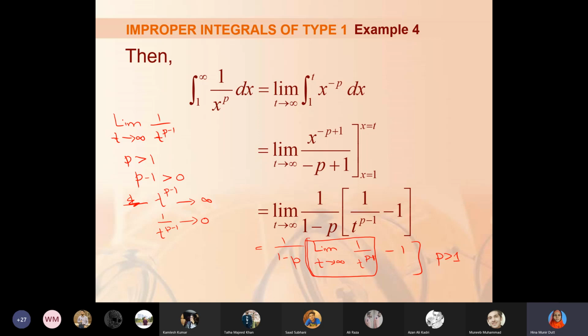ओके और अगर p लेस देन 1 हो, p लेस देन 1 के लिए भी कर, ये केस समझ आ गया। मैं इसको रेज कर दूं फिर। p ग्रेटर देन 1 के लिए इंटीग्रल लिमिट आपके पास 0 आ रही है इसकी, ये ध्यान में रखना। और इसके बाद if p is less than 1, it means p minus 1 is less than 0, or 1 minus p is greater than 0.